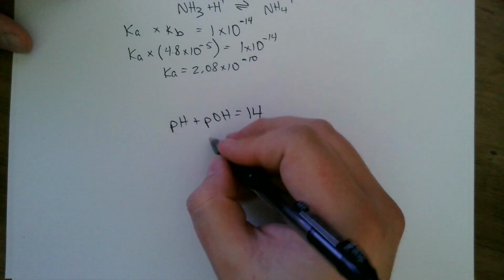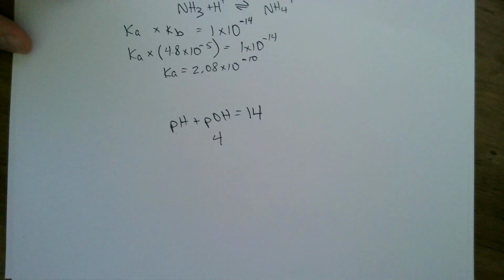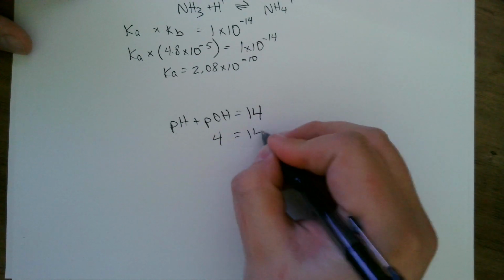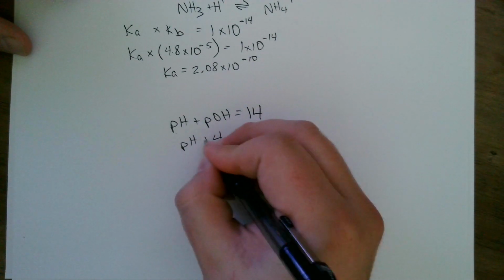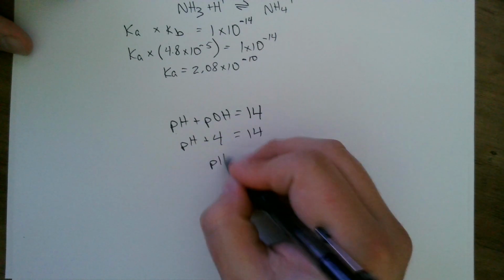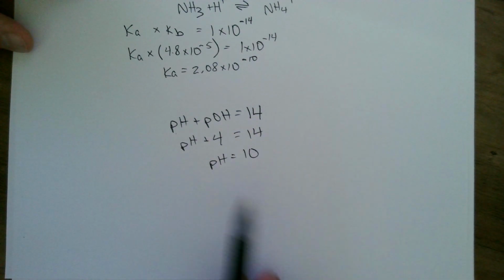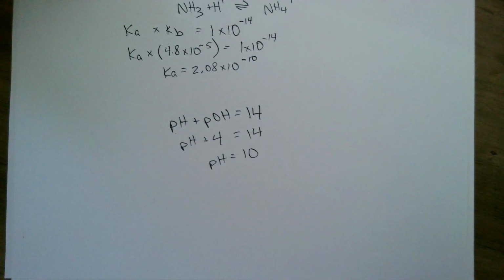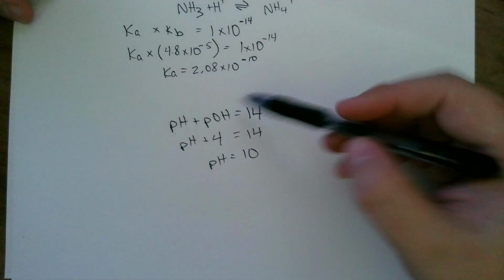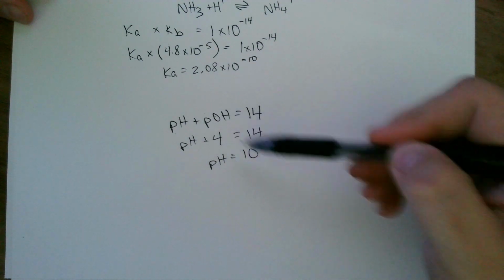So if something has a pOH of 4, you could solve for its pH, right? Just pH would be 10. pH and pOH are going to be basically kind of like inverses of each other, but they're inverted at the number 7. Okay. So like this one is 3 below 7, this one's 3 above 7.